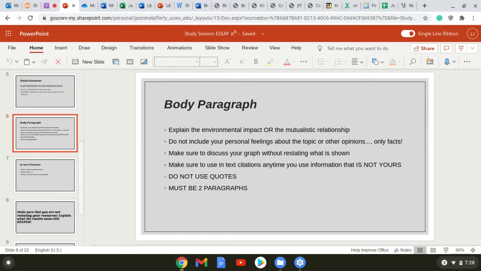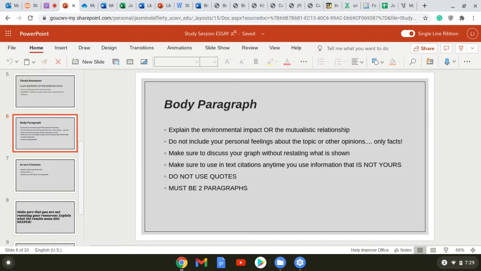Okay, make sure to discuss your graph without restating what is shown. So you should not say, in week 1, the population was 10. In week 2, the population was 9. We can see that by reading the graph. Talk about what it means. Okay, make sure to use in-text citations anytime you use information that is not your own.